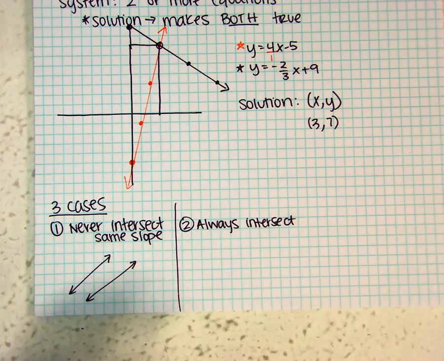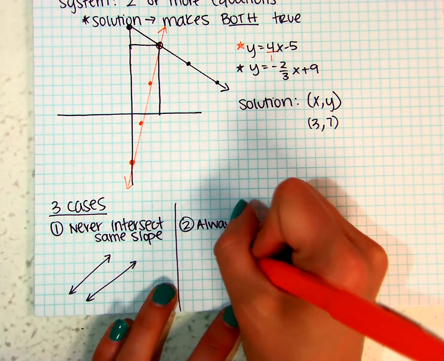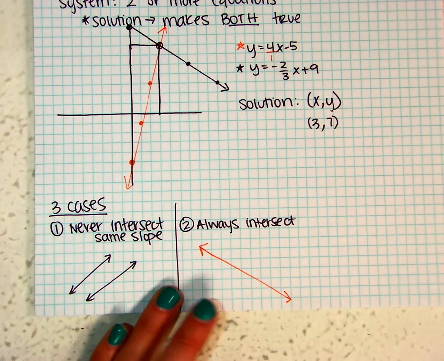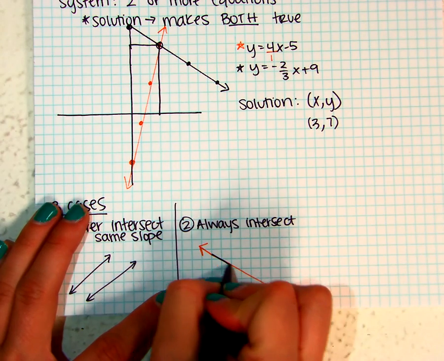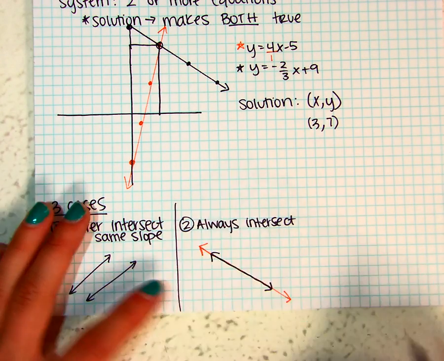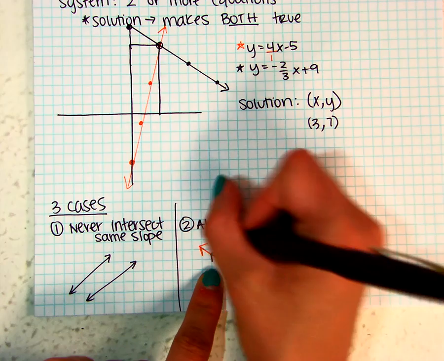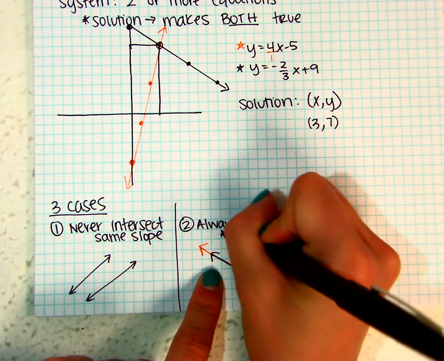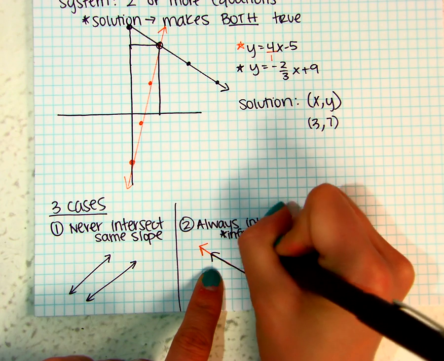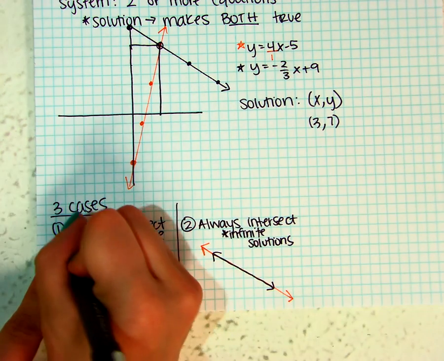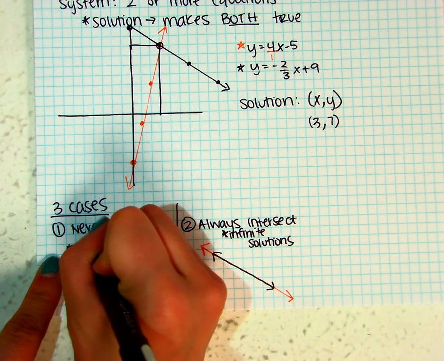So if I have this line here, and I graph another one, and they're right on top of each other, it's the same line, and they have infinite solutions. Parallel lines have no solutions.